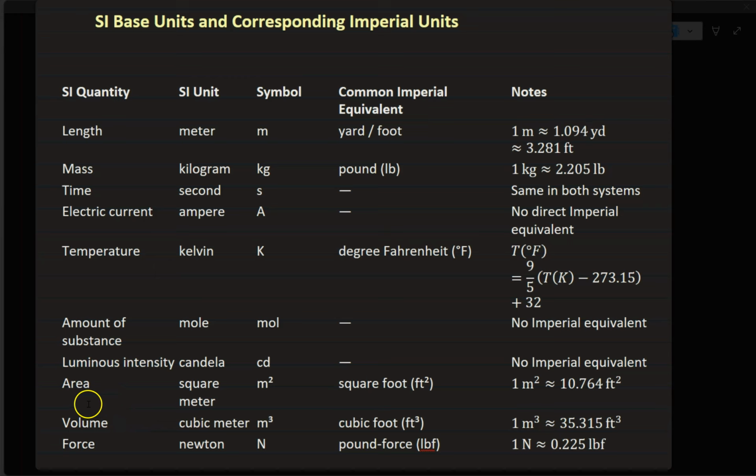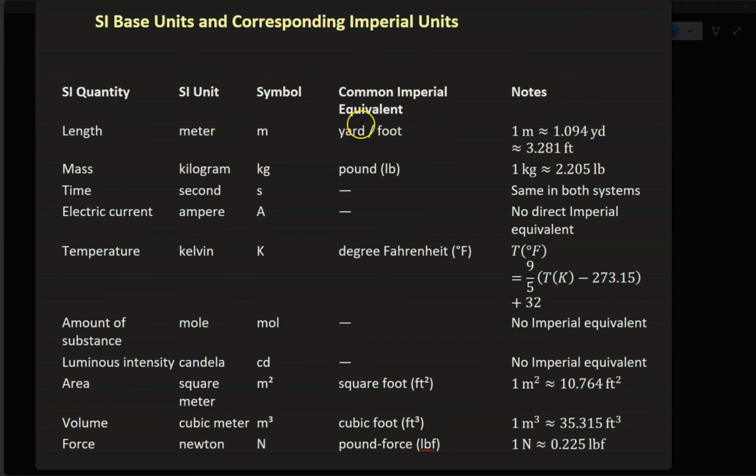The rest, if you really look at it, is a derived unit, because volume and area are based on meter, which is originally length, but because it's 3 dimension or 2 dimension, you just cube or square them. If you go through each of these, you notice that there's a common imperial equivalent.